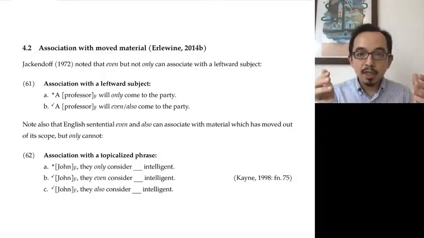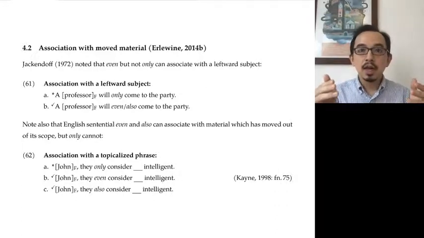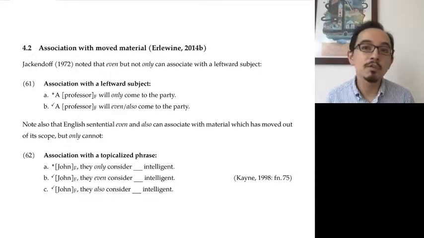This was not noted by Jackendoff, but I'll highlight that the contrast in 61 neatly parallels other forms of movement out of the position of focus particles in English as well. For example, here's a contrast from topicalization.